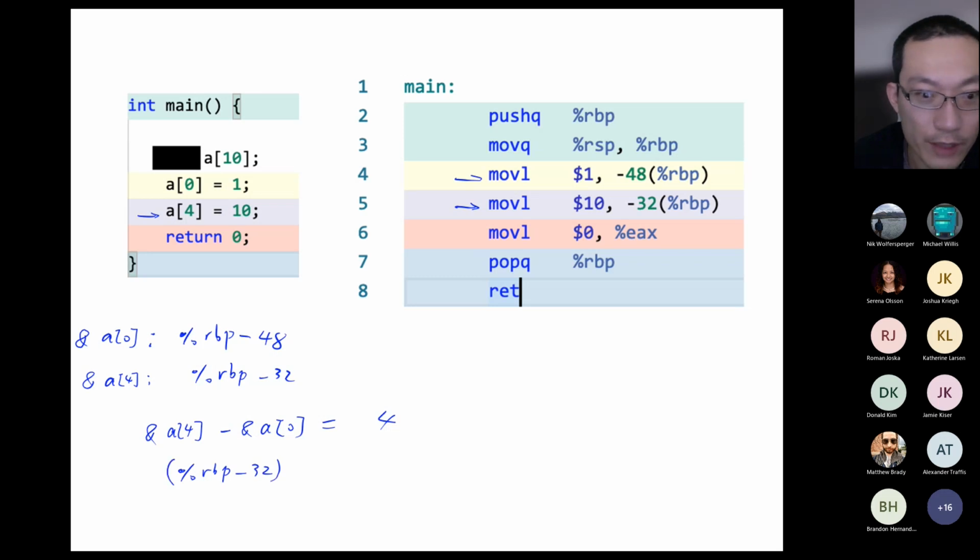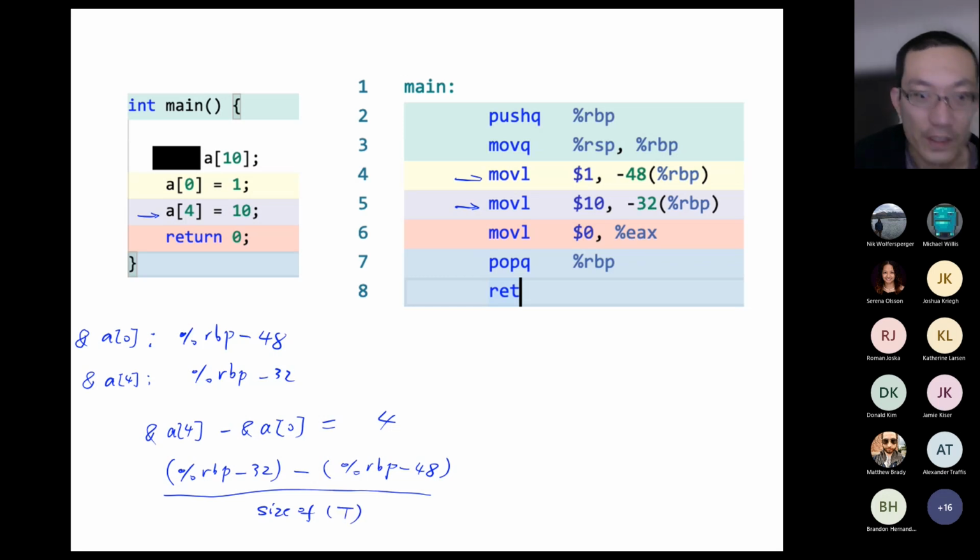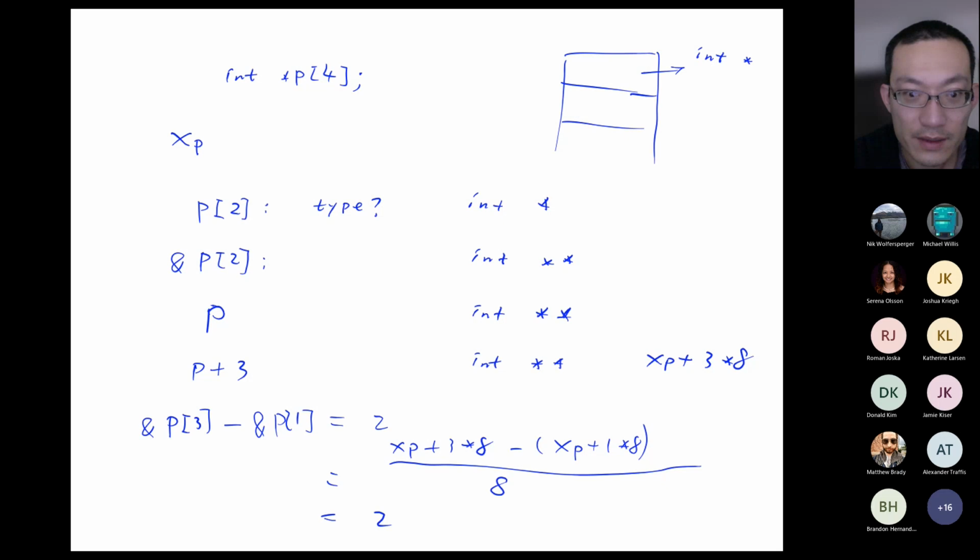This is the address for A4 minus the address for A0, which is RBP minus 48. This is the address for A0. We subtract them and divide it by the size of the type. Let's say the type is T. We divide it by the size of type. It's going to give us 4 as a result. It's the exact same process as here, right?